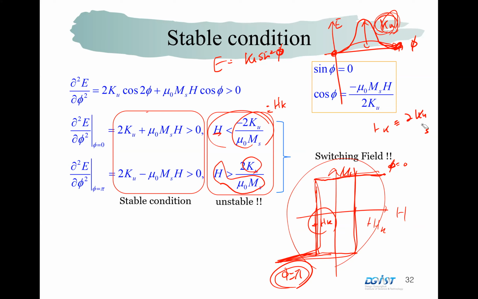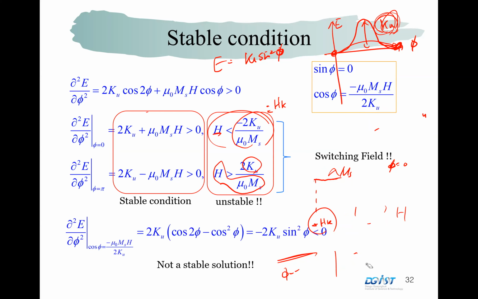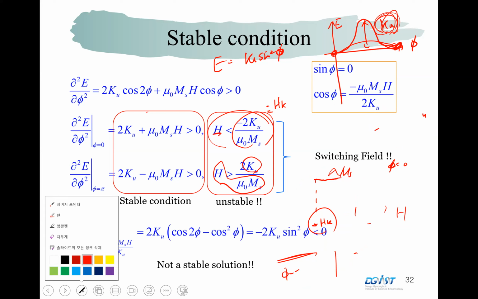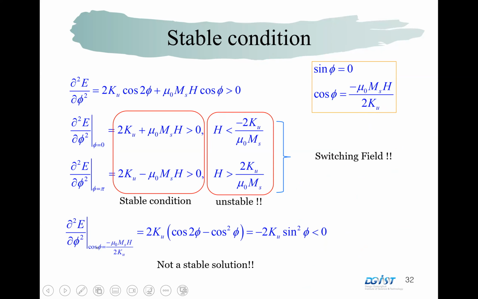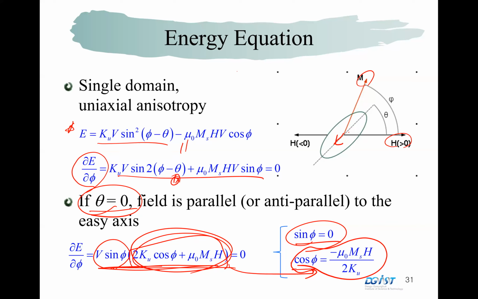Okay, so let's go back to the more detailed mathematical description. So far we talked about the first solution of this equation, and next the second term. The second term gives cosine phi satisfying this one, and look at this.